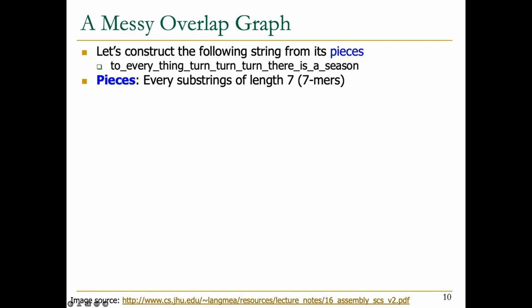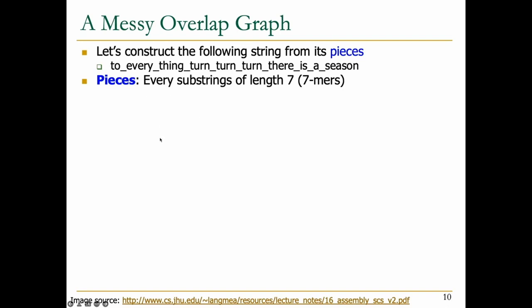Assume that this is our entire genome, and assume that the pieces that the sequencing technology produces are every substring of this genome of length 7, which we refer to as 7-mers, if you want to talk about the k-mers jargon.